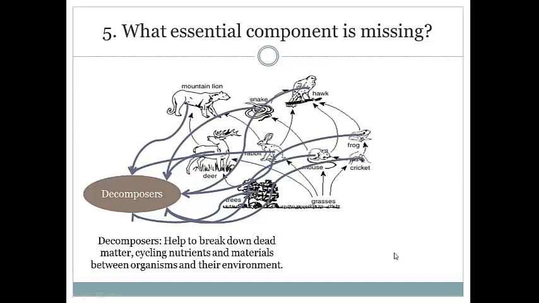This helps cycling of nutrients and materials between organisms and their environment. Otherwise, once these organisms died, all of those nutrients would be locked away and inaccessible to other things in the environment. An example could be bacteria, which helps to restore nitrogen compounds to the soil.